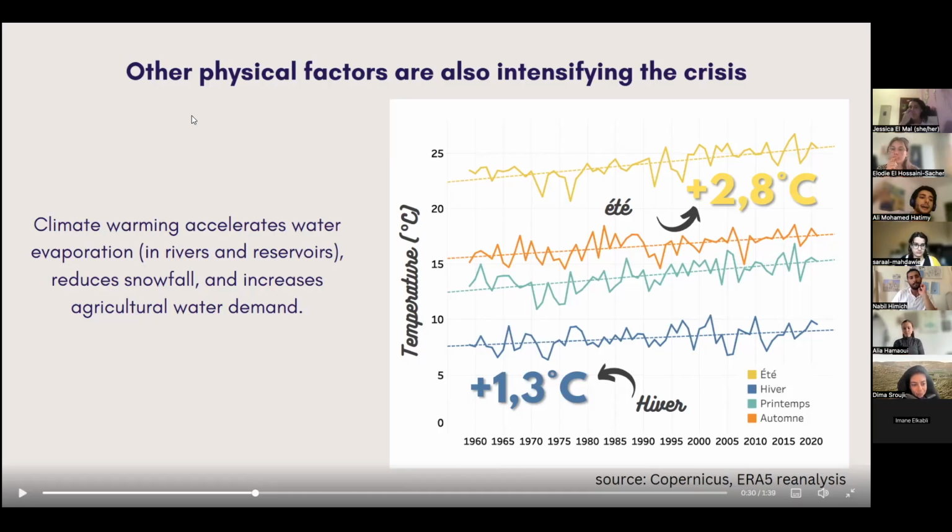Because with a higher temperature, the water needs of your agricultural systems or ecosystems in the 2020s are much higher than in the 60s, due to higher evaporation needs, and you need to give more water to your ecosystem to maintain the same quality. This means that, for example, an olive orchard in the area of Fès-Meknès that was non-irrigated in the 60s needs to be irrigated now because otherwise it will not give any yield or not the same yield. To reach the same performance, you need to irrigate instead of not irrigating as in the 60s.